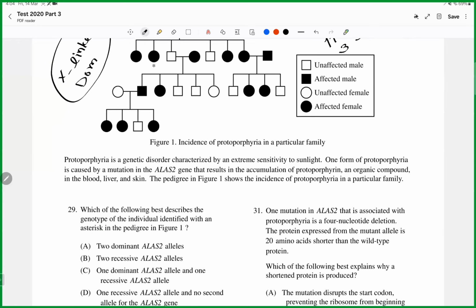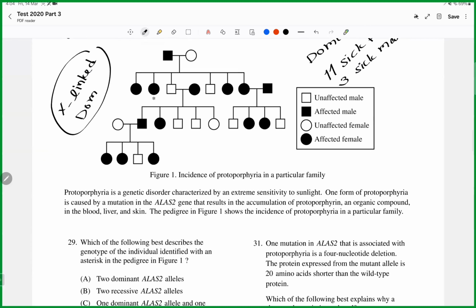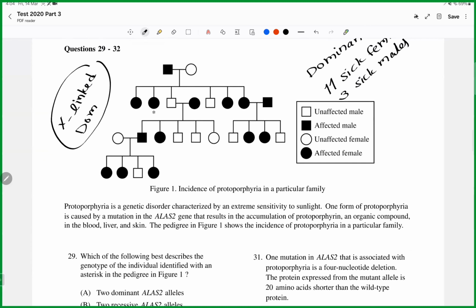Okay. So, which of the following is the genotype of the individual identified with asterisk in the pedigree? It's a female, right? And she's sick. But her mother is not sick. So her mother was, let's say, small c, small c.